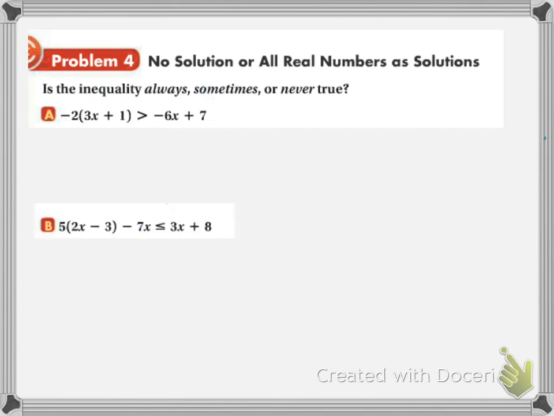In the next example, let's again solve for x and see what kind of statement we find. We'll get rid of those parentheses first by carrying over that 5. Now I'm going to combine the 10x and 7x on the same side.